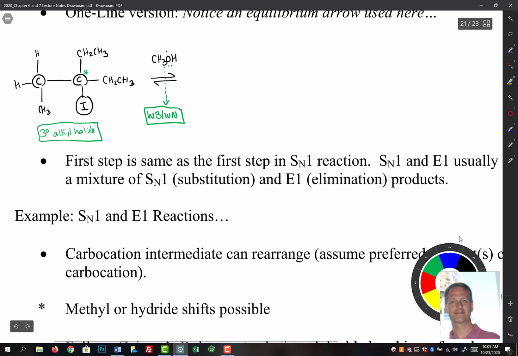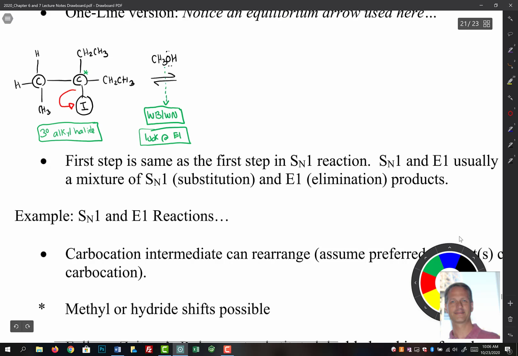What we're going to look at here, for right now, is the E1 mechanism. Okay, and we'll do an example down below that is more real life. All right, so the first step in this is the same first step that happens in your SN1 reaction. The leaving group just grabs its electrons and heads out of town.